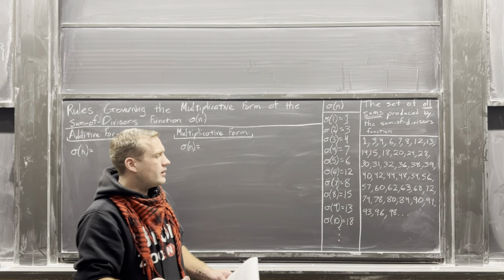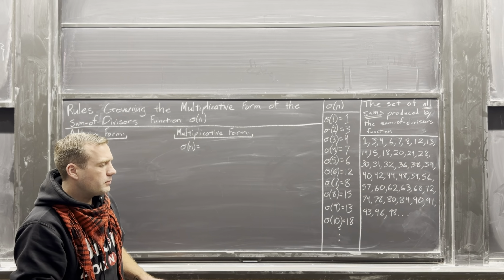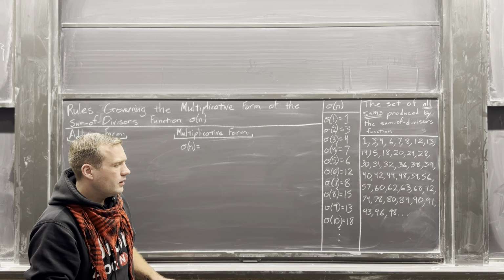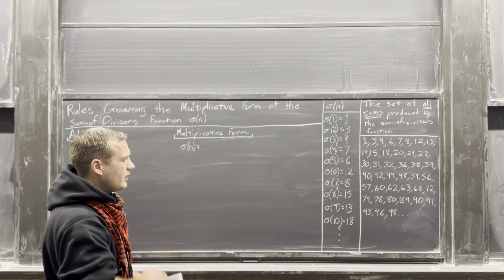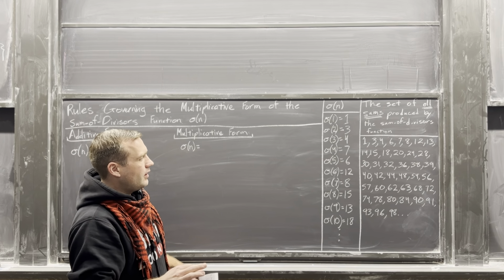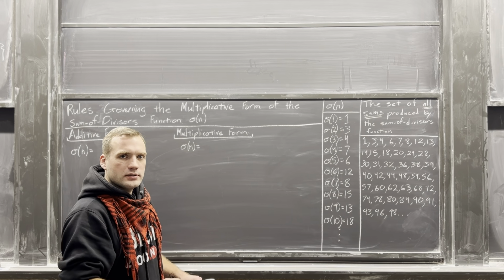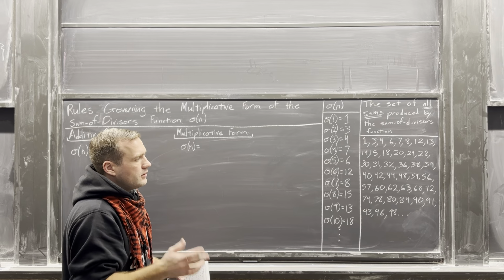I'm going to be focusing on discovery, exploration, and understanding. That's what we're going for. So I'm not going to be proving anything, I'm just going to be exploring. Hopefully this helps you understand the Sum-of-Divisors function.